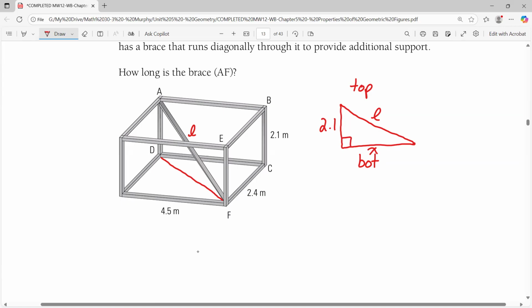Okay. But if we did, then we could use the Pythagorean theorem to find the length because we'd have the two sides. So what we need to do is find this piece X first. Now, if you do a top-down view, this is also a right angle triangle.